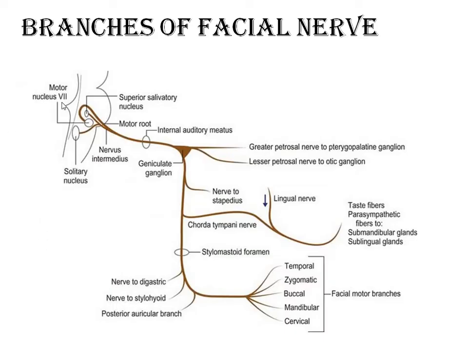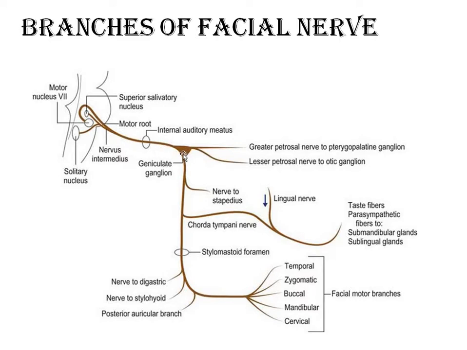Now here we can see all the branches of the facial nerve. These are the nuclei: the superior salivatory nucleus, the motor nucleus, the solitary nucleus. So from here the nerve moves in the intracranial part, then into the internal auditory meatus, where the intratemporal part starts.